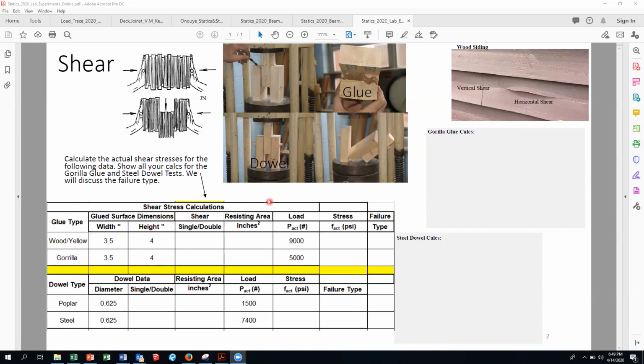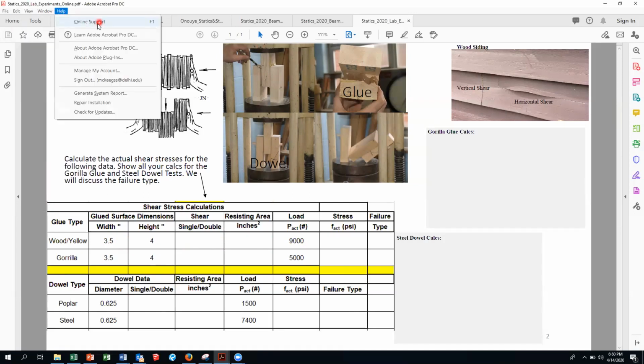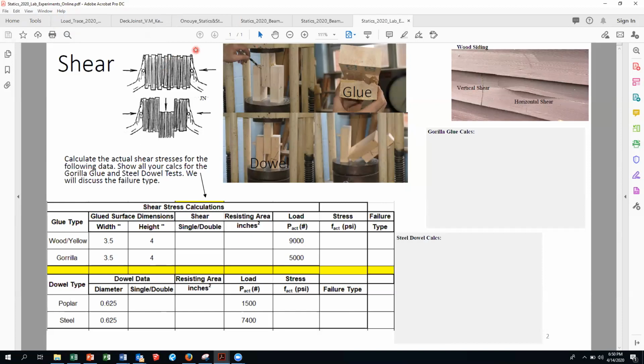The way you worked it, you said it was area divided by load. It's load divided by area. So 9,000 divided by 28 would be your answer. Yeah, that makes sense. Yep. So I'll update that little handout.